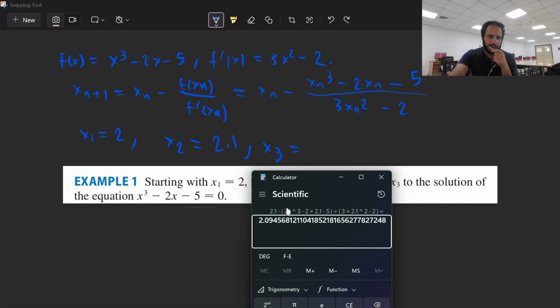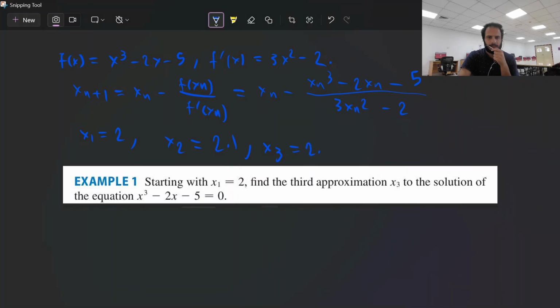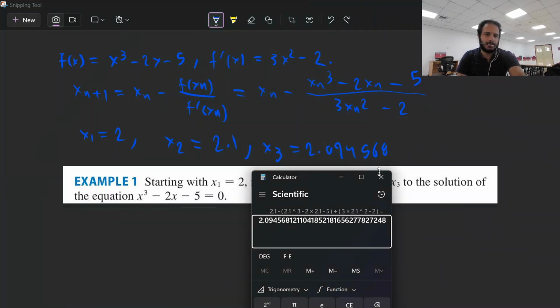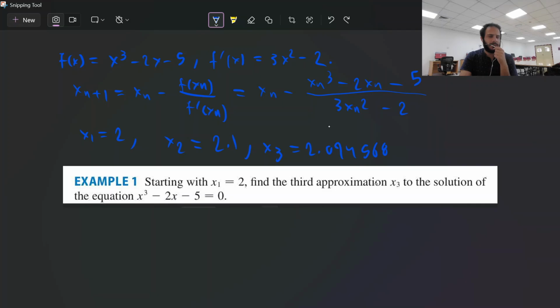You get 2.094568. Don't write just like this 2.0, write some digits, okay? For example, write 6 or 7 digits. Are you good with this? Do you have questions?